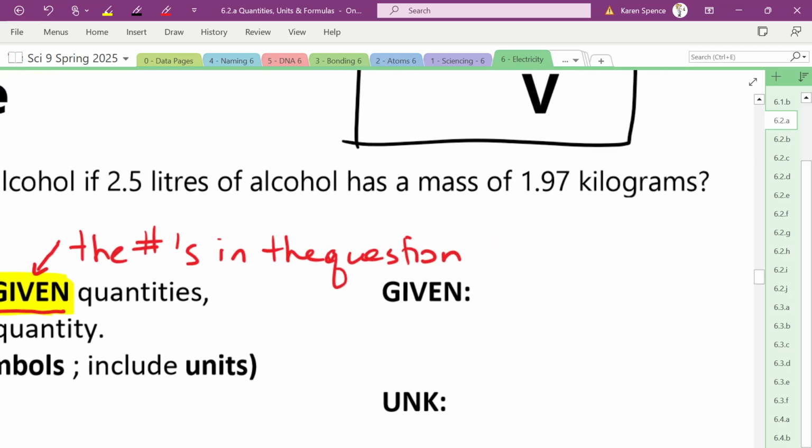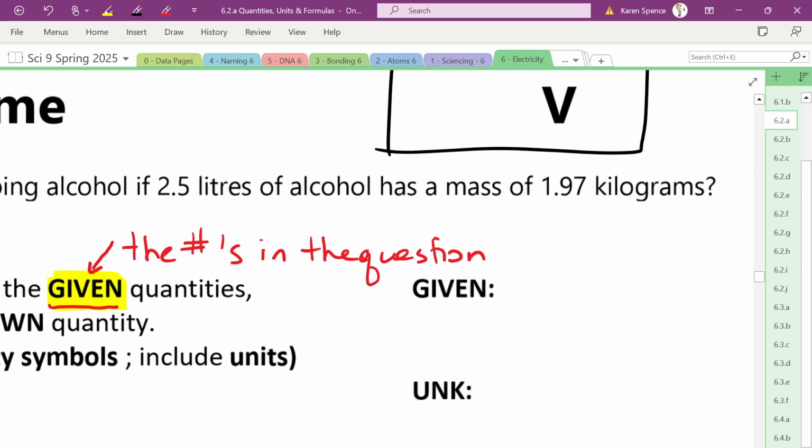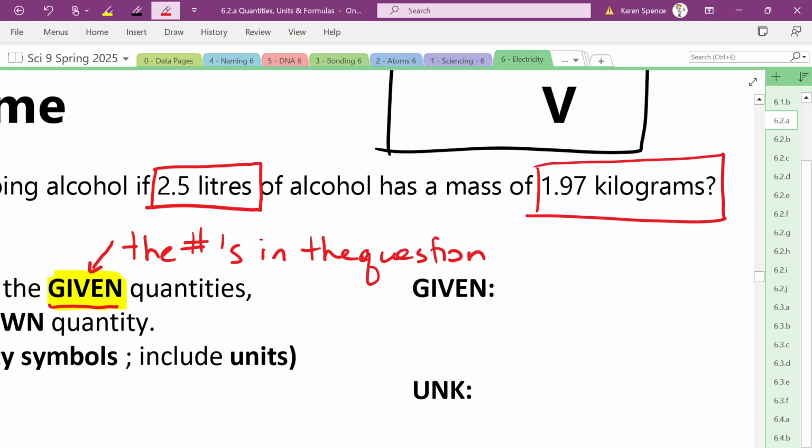So if we look at our question, what numbers do we have? We have 2.5, and it's not just 2.5, it's 2.5 liters. We also have 1.97, and that's 1.97 kilograms.